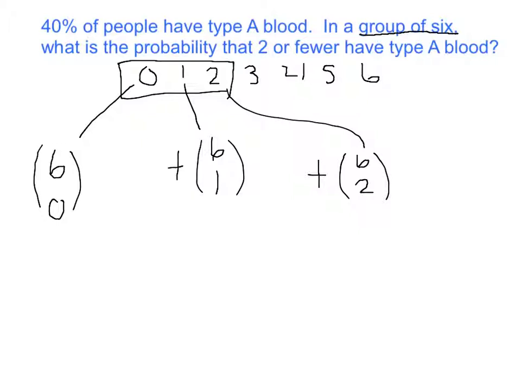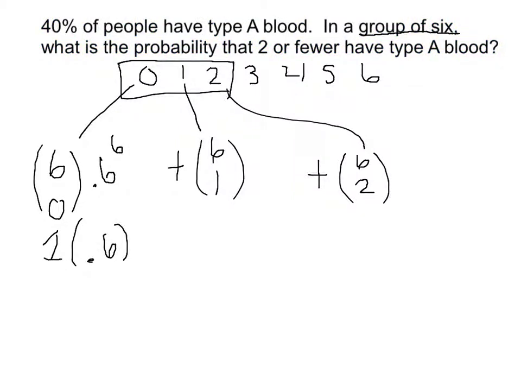In the first scenario, 6 choose 0 is just there's only one way that can happen, and that means nobody has type A. So it's just 0.6 to the 6th. There's no type A's. Everybody's not type A. So in the next scenario, 6 choose 1, that can happen 6 different ways. And for this problem, we have one person that has type A blood.